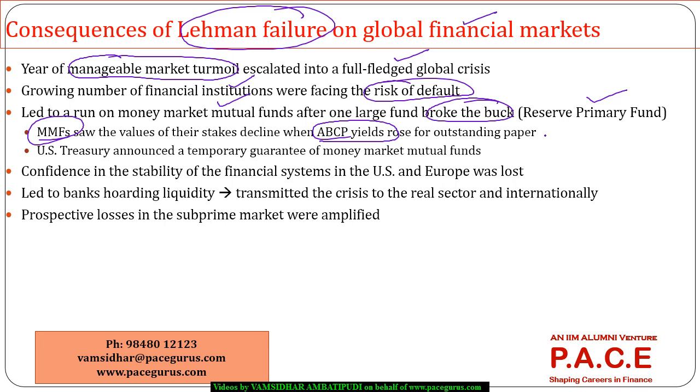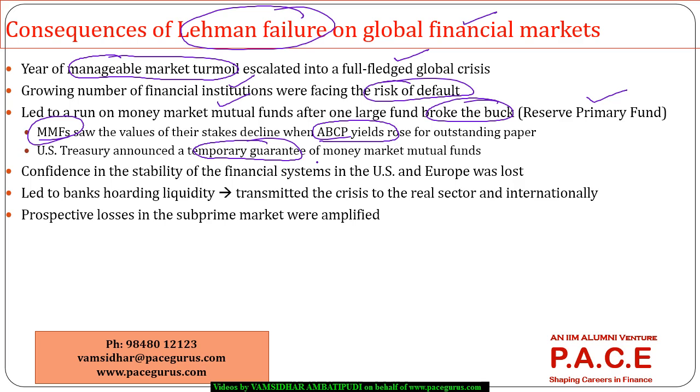And because of that, here we see that the yields have shot up quite drastically, and the US Treasury had to announce a temporary guarantee. Situation went to that kind of an extreme, where the money market funds had really lost big chunks of their values, and the US Treasury had to announce a temporary guarantee of the money market mutual funds. That's one extreme that we have seen during the Lehman's failure.